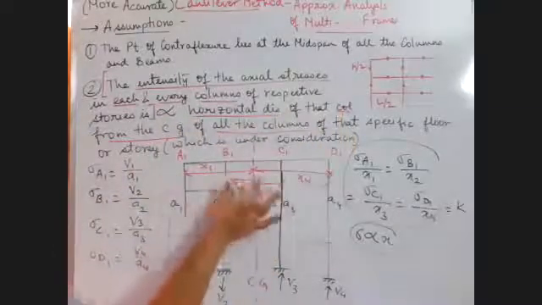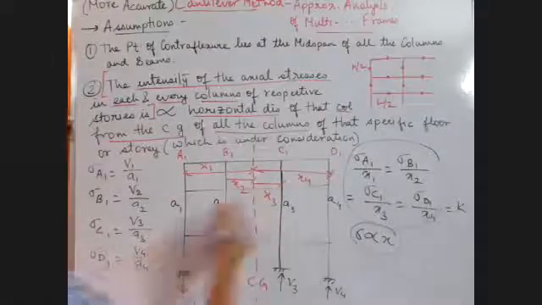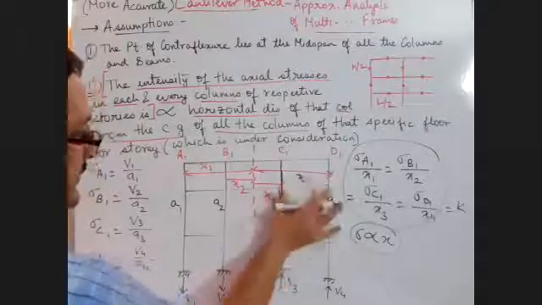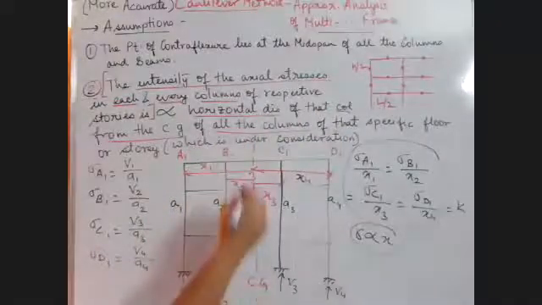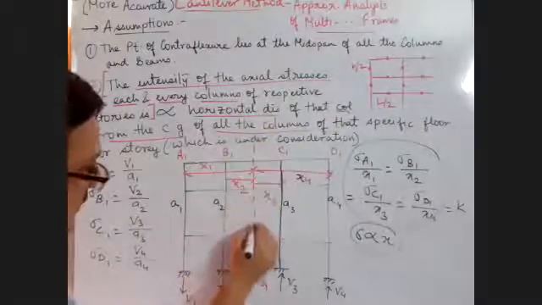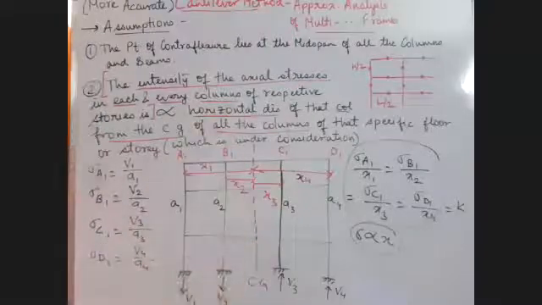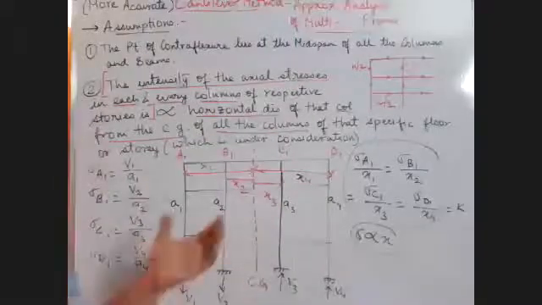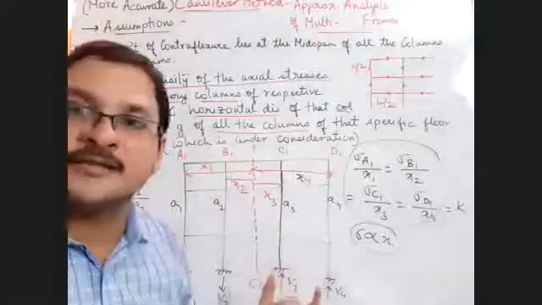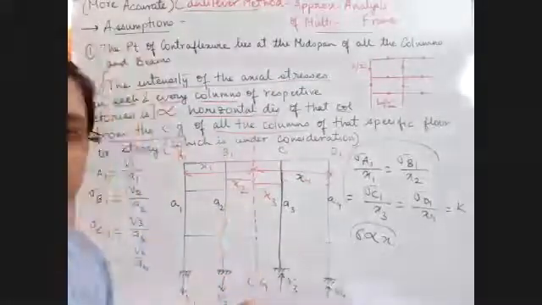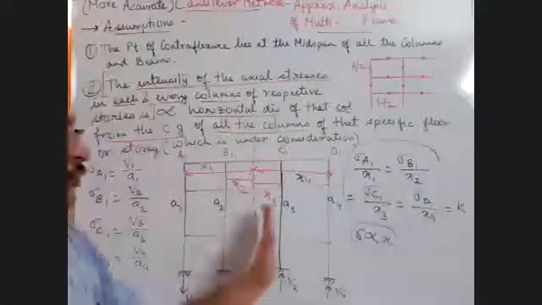These x1, x2, x3, x4 are the respective horizontal distances of each column with respect to CG. So basically I have to find the CG of all the columns. Here I have 4 columns, so common sense tells that the CG will lie at the mid of this frame, 2 right, 2 left.